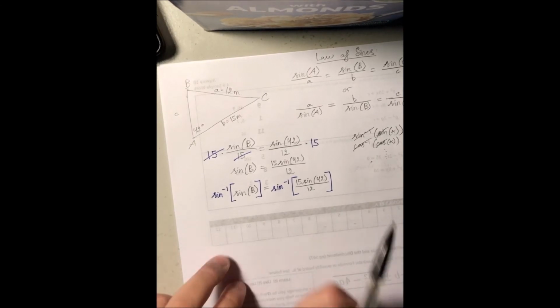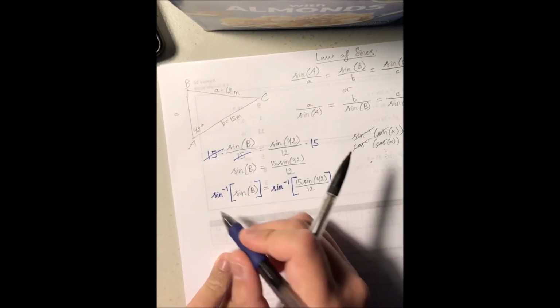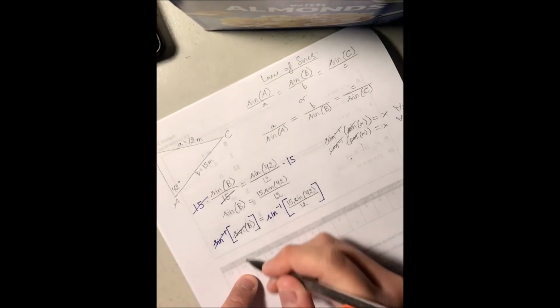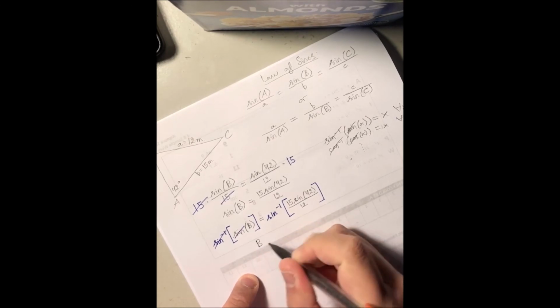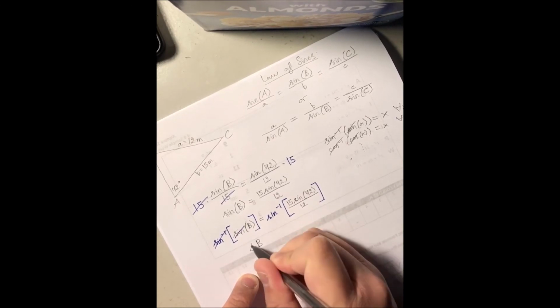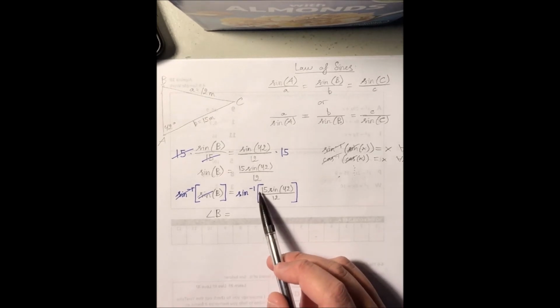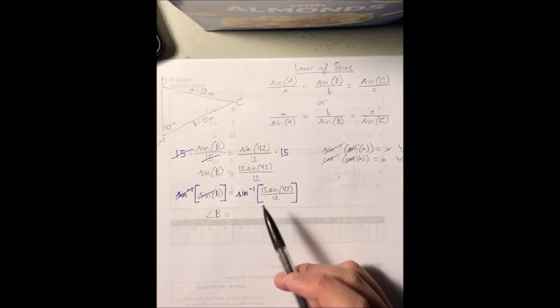All right. Guess what? On the left-hand side, you got sine inverse of a sine function. They automatically cancel out. You're left with just angle B. I'll write it like this, easier to see. Angle B equals. Now, you can try to do this by hand, but just type this in your calculator.